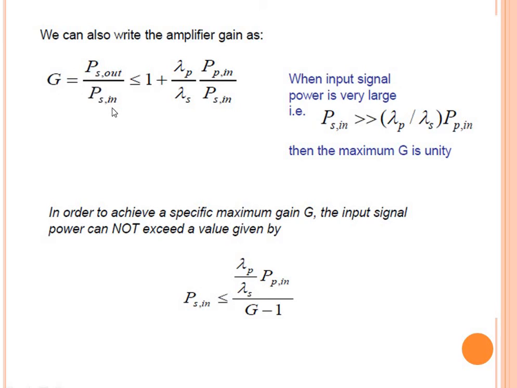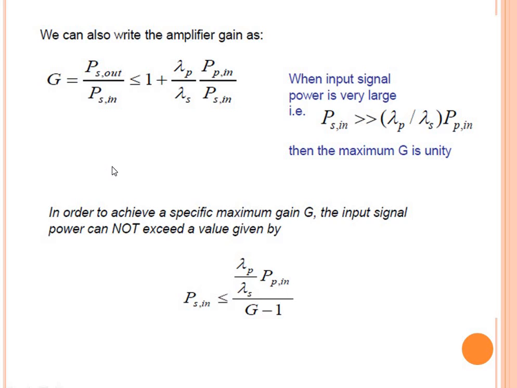When the signal input power is very large, that is when it is much larger than the ratio of pump wavelength by signal wavelength into input pump power, then the maximum amplifier gain is unity. This means that the device is transparent to the signal.